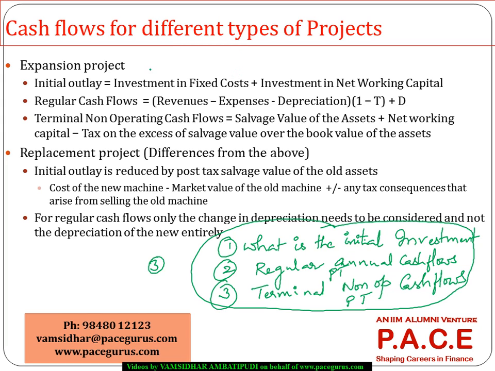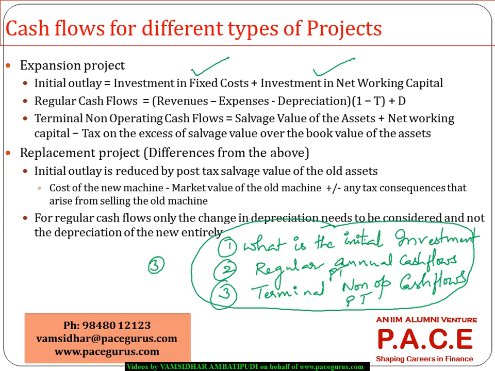If I look at an expansion project, the initial outlay will be the investment I am making in fixed costs, which is purchasing fixed assets like machines or equipment, plus the investment in net working capital.